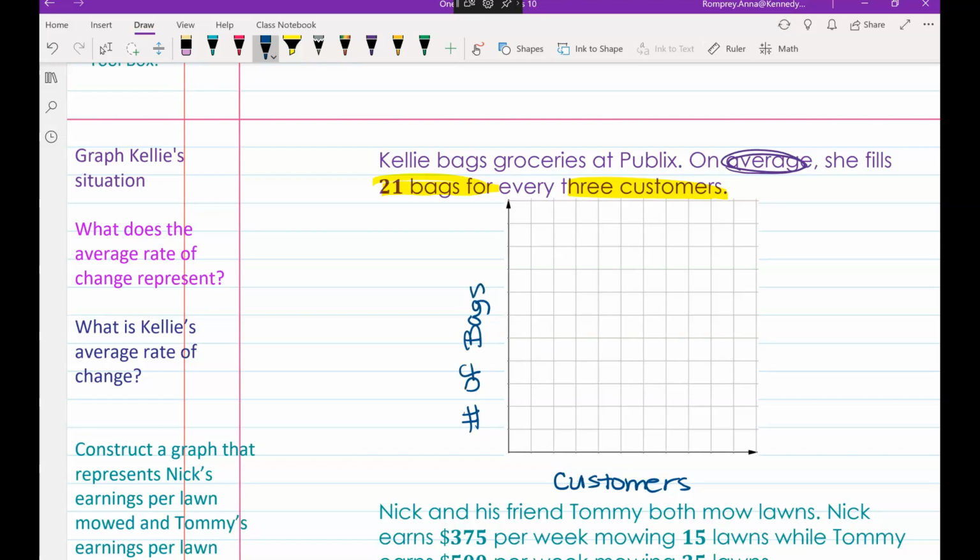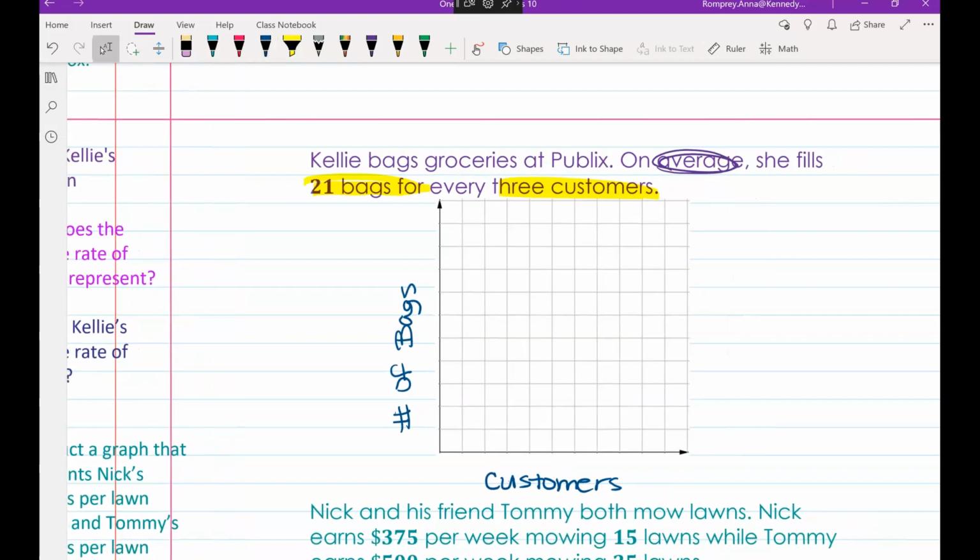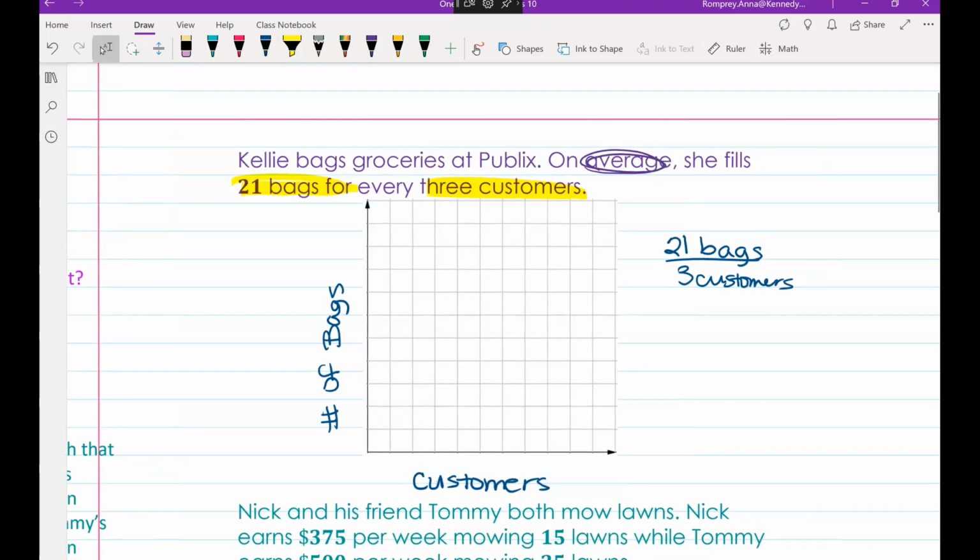Okay, so it tells us we have on average 21 bags for every 3 customers. So I set this up like a ratio. Now this is a rate of change, okay? 21 bags for every 3 customers.